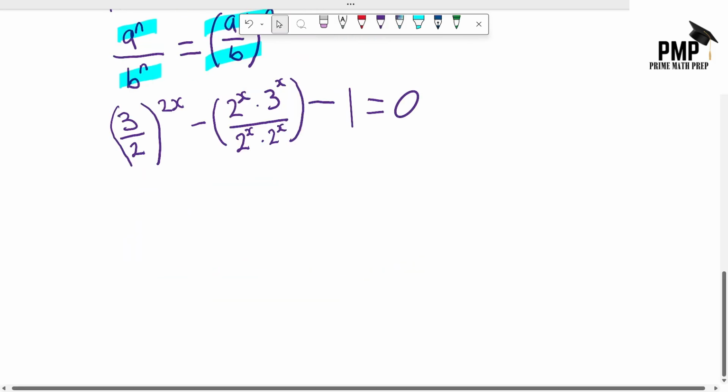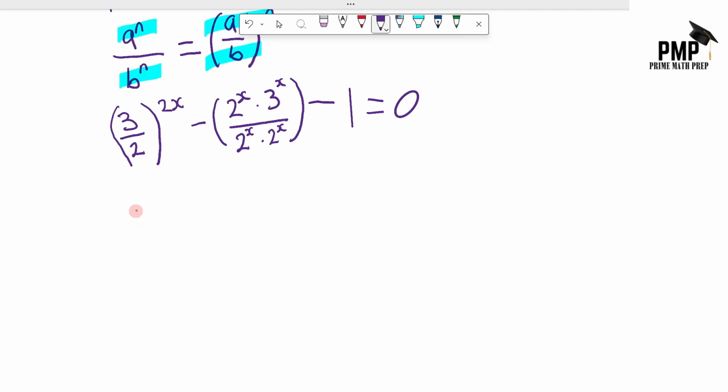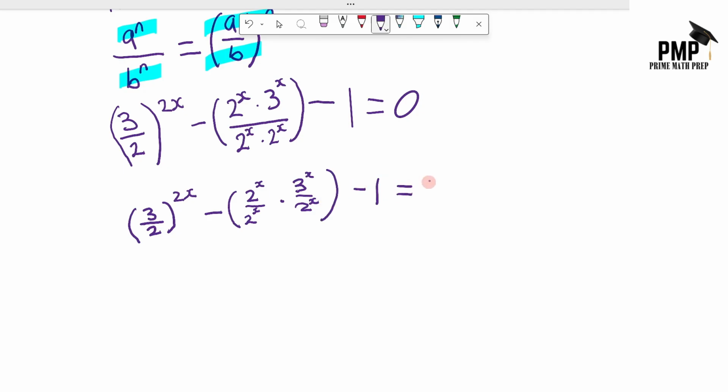We'll continue to break this down further. Let's bring down the first number: 3 divided by 2 raised to power 2x, minus. If we expand this, this is the same thing as saying 2 to the power of x divided by 2 to the power of x multiplied by 3 to the power of x divided by 2 to the power of x, minus 1 equal to 0.